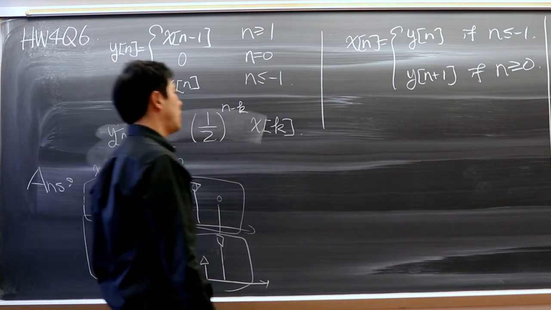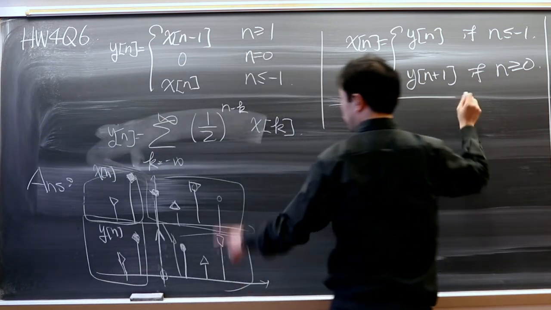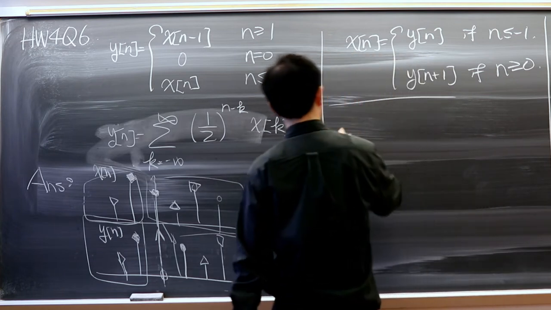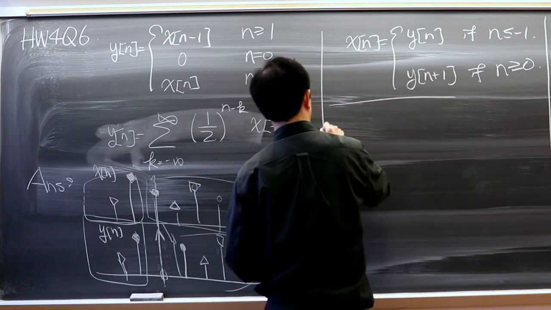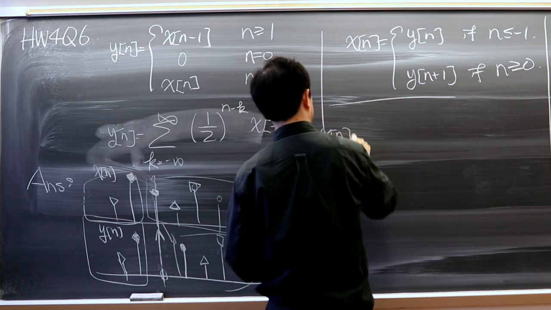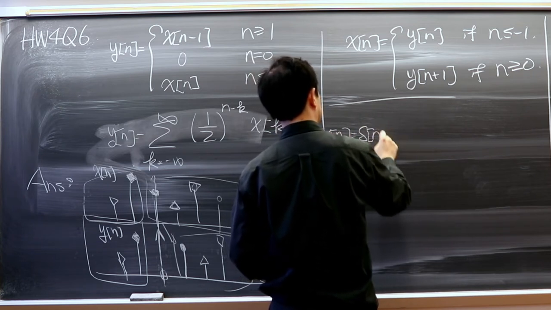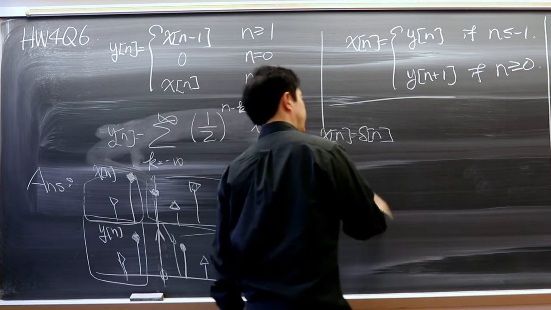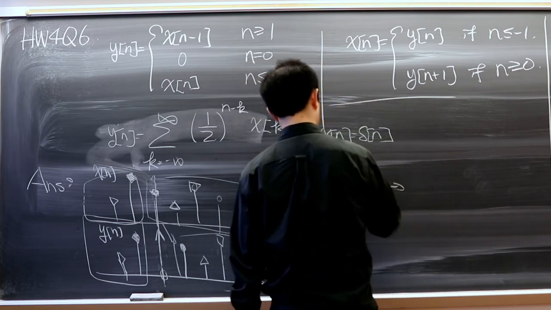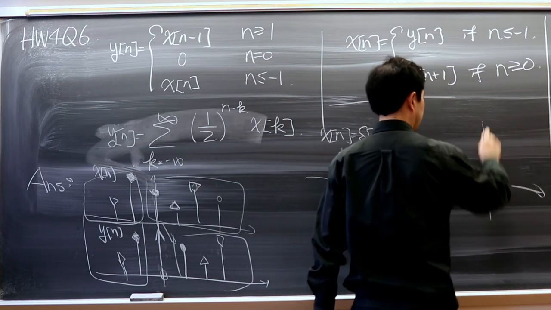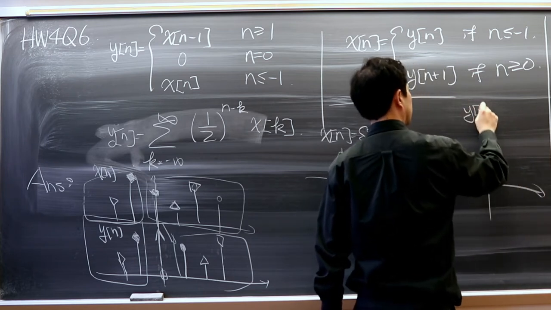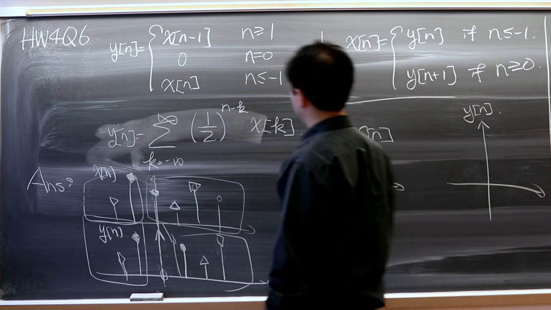Let's now try to solve a different question. So y of n is, let's say, this. If x of n is delta of n, what is y of n?